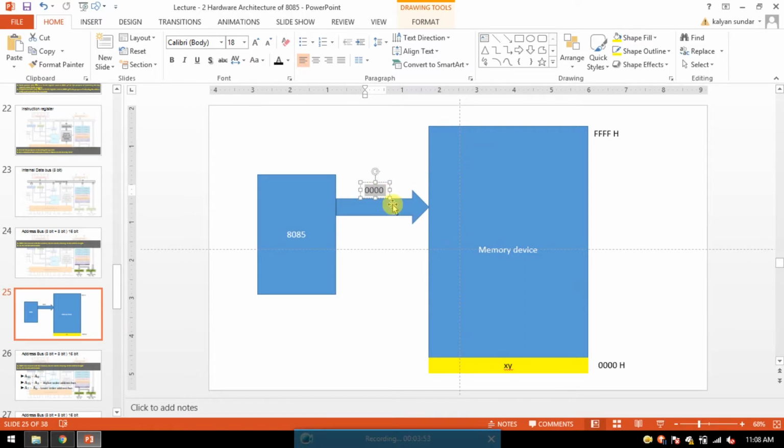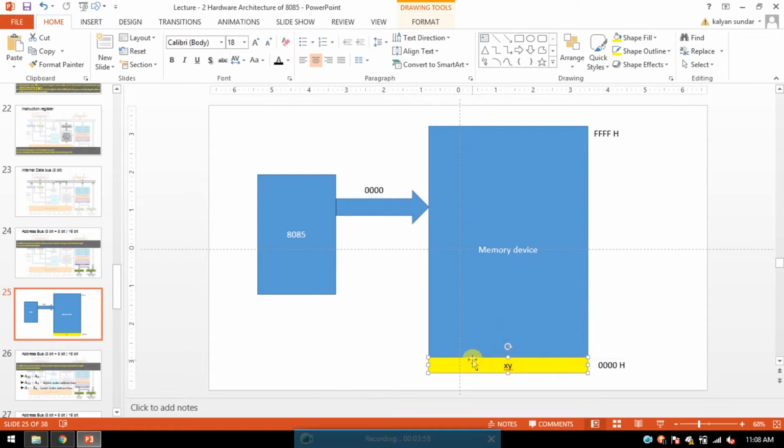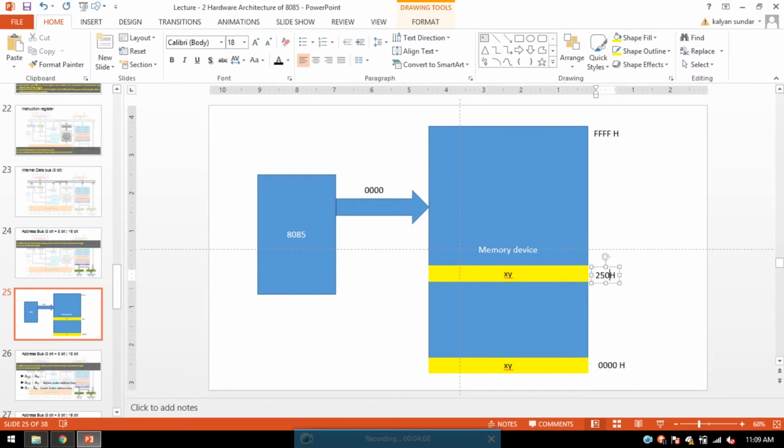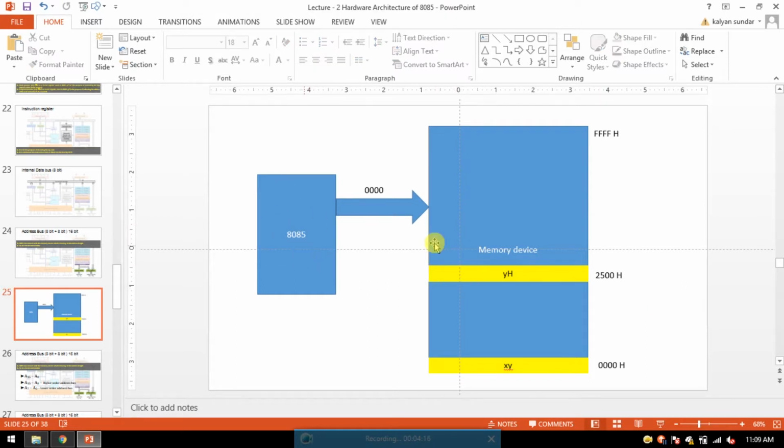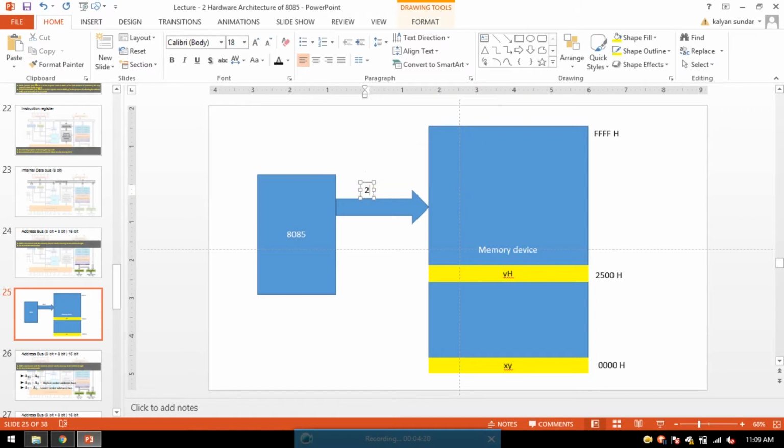Suppose there is an address location 2500, and at 2500 there is another data called YH. If the microprocessor requires this data, it has to call this address location, go to it, and take this YH data. It is a process.